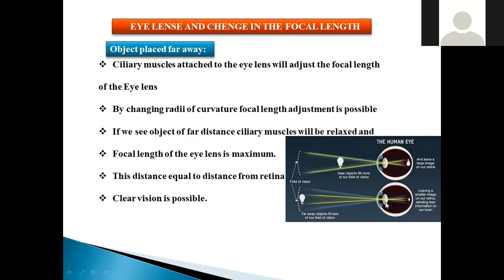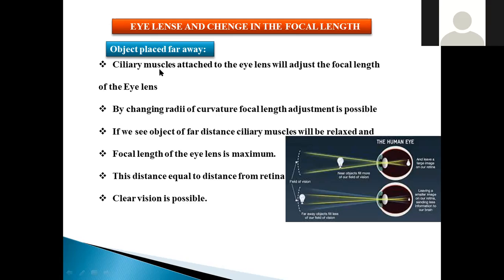This eye lens is surrounded by ciliary muscles. These ciliary muscles are very essential. They are a strong part used to cover the entire eye, and a protective layer used to secrete some mucus, and also lacrimal glands secrete tears. These muscles elongate and compress themselves in order to adjust the focal length of the eye lens.